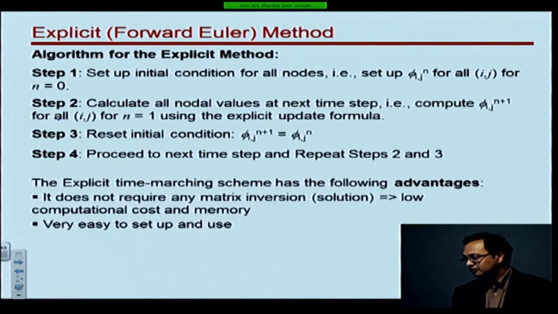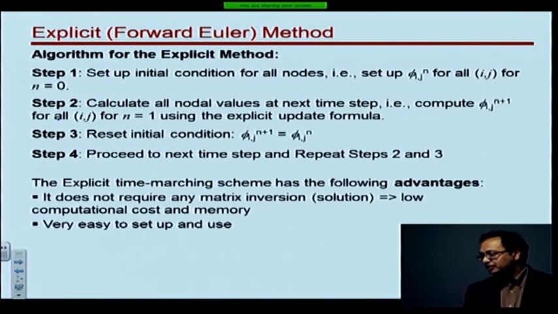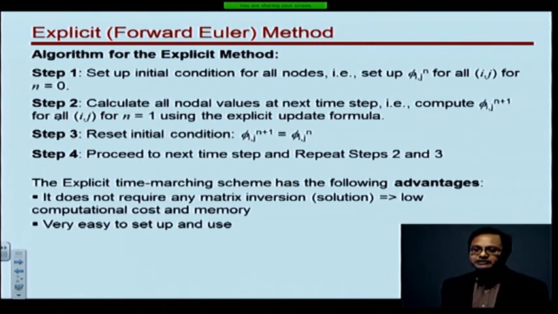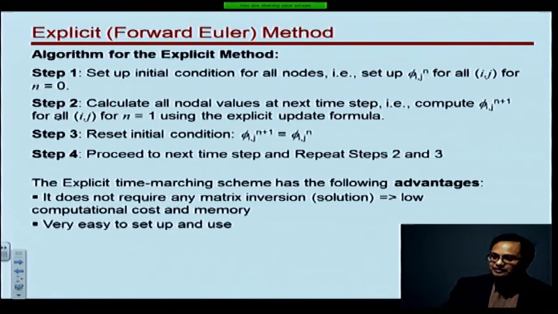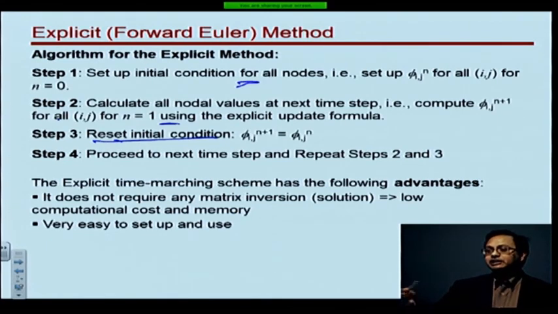So the advantage is it does not require any matrix inversion. Therefore the computational cost and memory is very low, and it's very easy to set up and use. In fact, there is an extremely strong analogy with the Jacobi method, because in the Jacobi method, this is exactly what you do. You start with an initial guess, you apply an explicit formula, and this reset of initial condition simply means that you're updating the value of phi.